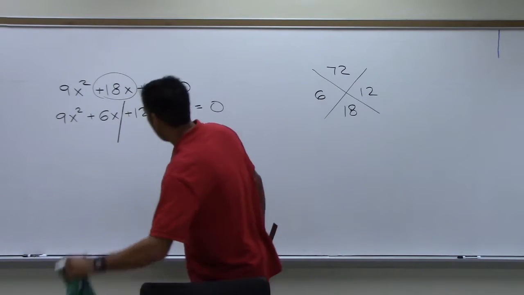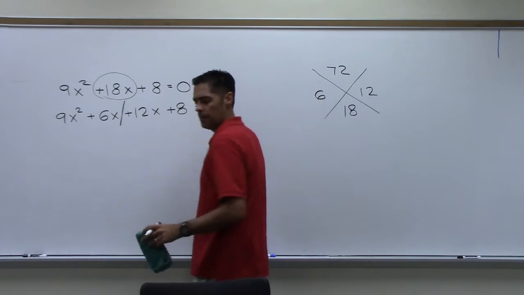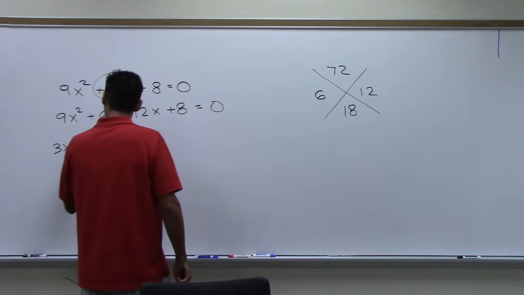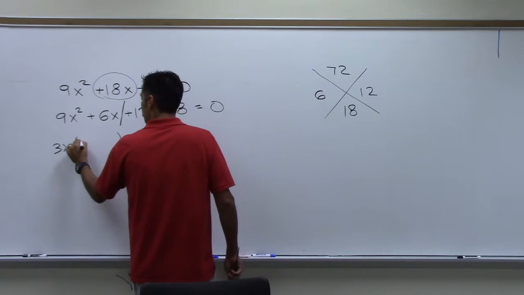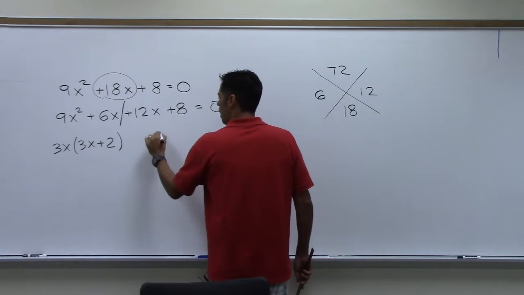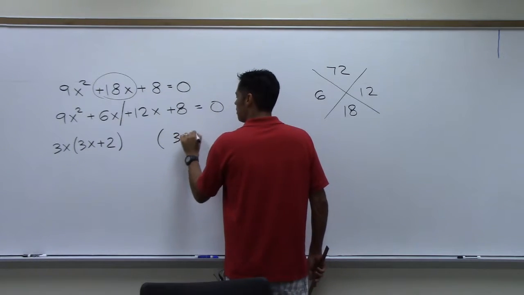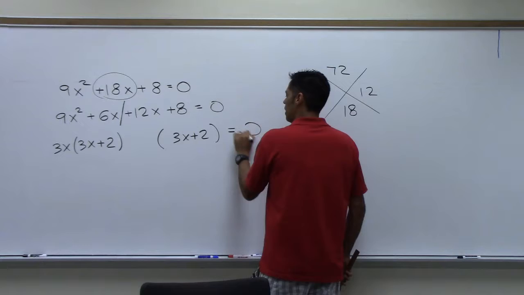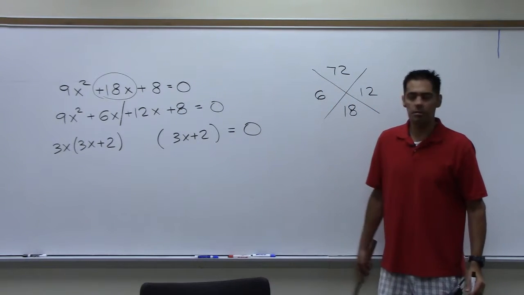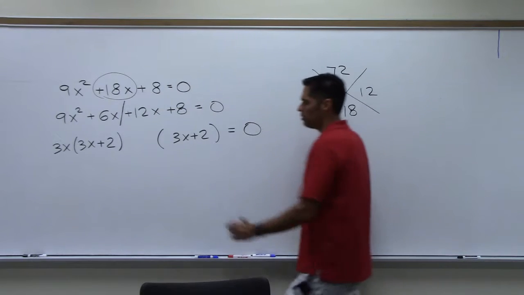So what can I pull out of the first 2 terms here? 3x, which would leave me with 3x plus 2. And I believe you all like the matching where we just wrote 3x plus 2 and then equals 0, and then tried to figure out if there's a number that I could use here. 4? Plus 4.